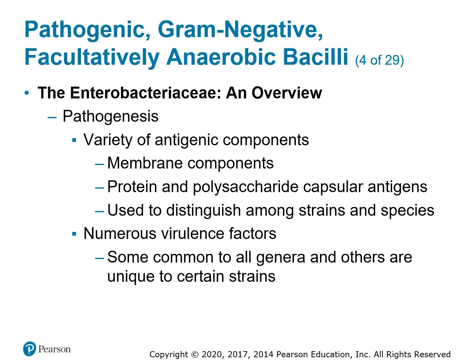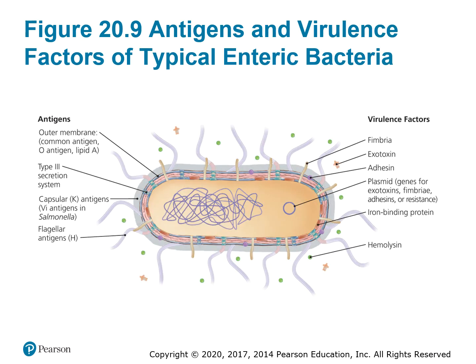There are numerous virulence factors as well. Some are common to all of the individuals in that genus, and others are unique to certain strains. So again, we have tests that we can run to help us sort out what specific bacteria we have. So just a little bit of the antigen and virulence factors that are associated with the typical enteric bacteria.